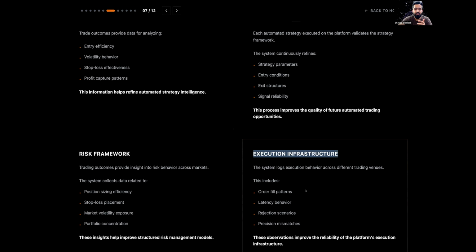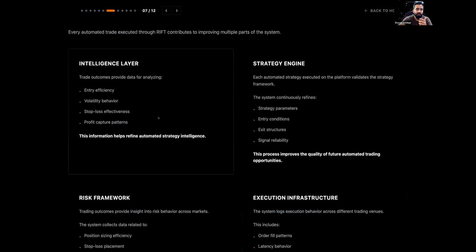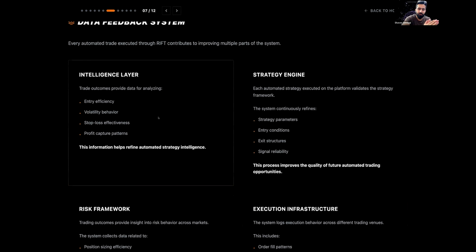Every layer fills in with more trades, and the more trades you execute, the better the system turns out to be. It learns and understands trade outcomes, and provides data for analyzing entry efficiency, volatility behavior, stop loss effectiveness, and profit capture patterns.